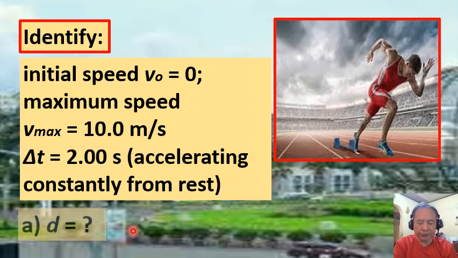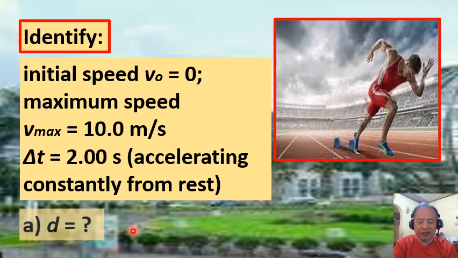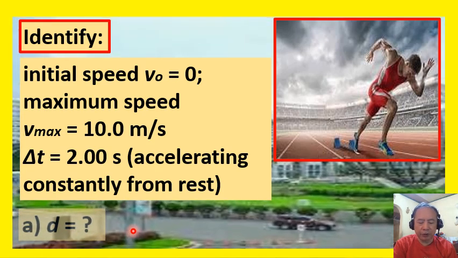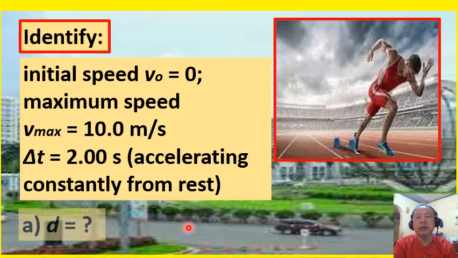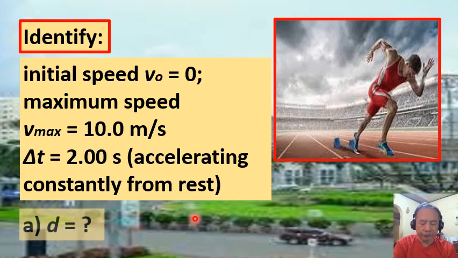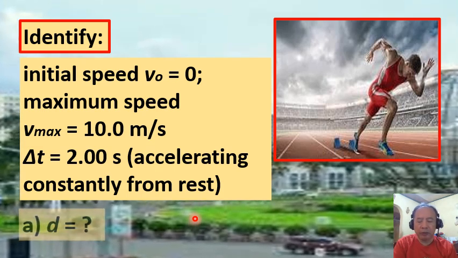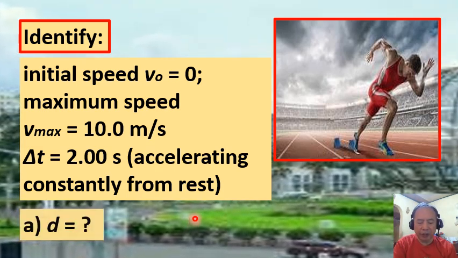In part A, we are required to find the distance run by the sprinter in the first 2.00 seconds when he reaches his maximum speed of 10.0 meters per second.